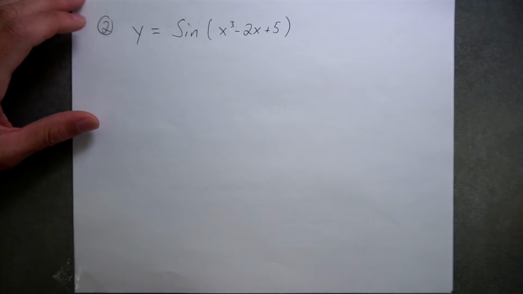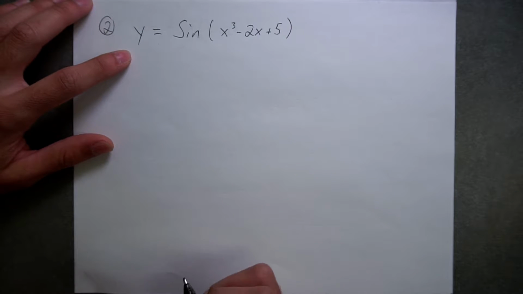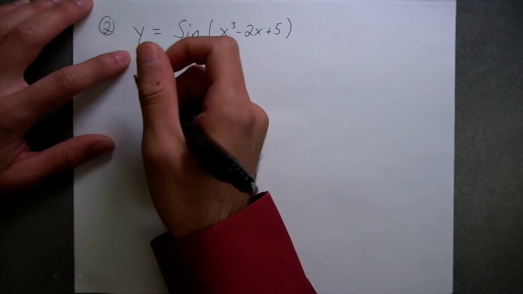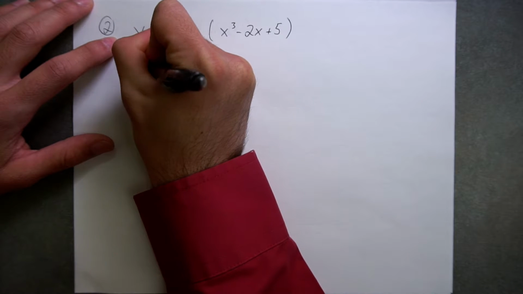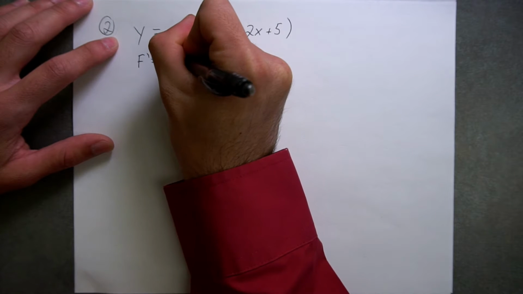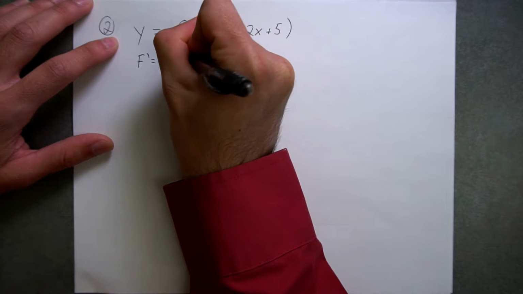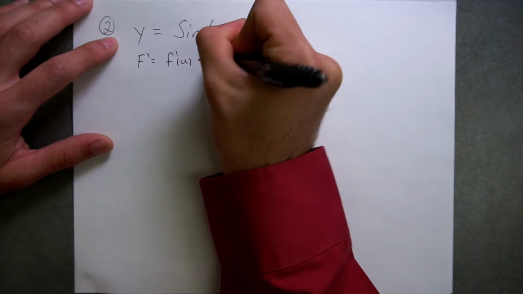So we're going to take the derivative of problem 2 using the chain rule. Our outside function, well, let's start off with the definition. So f prime is equal to f prime of u multiplied by u prime.